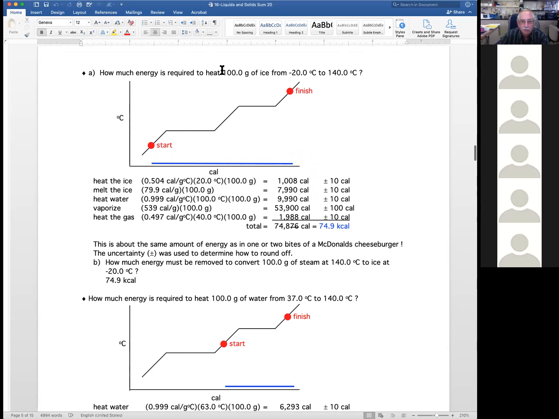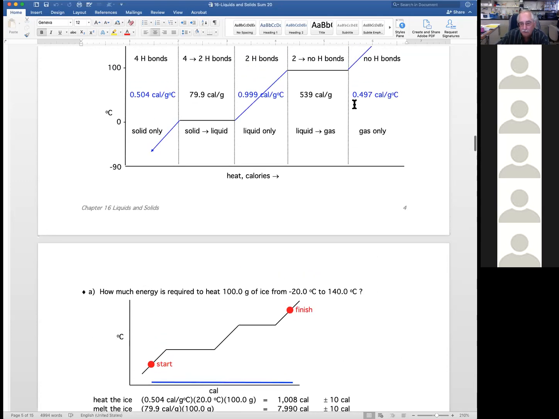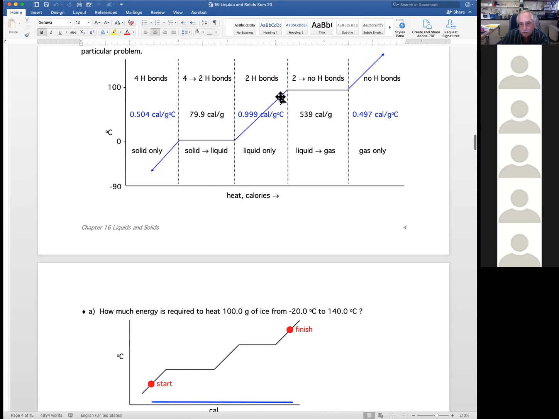How much energy is required to heat 100 grams of ice from minus 20 to 140 degrees? I would beg you to use this as a cognitive map, something to help you understand where you're starting from, where you finish up at.